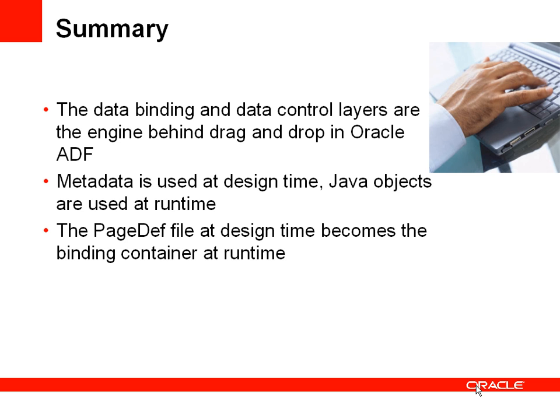It might require a collection of data like a tree binding or a single attribute value binding. And this is all controlled through metadata or described through metadata. And at runtime, the page def file becomes your binding container. So that's the binding that you see in the expression builder, that you can link UI components to values from that binding context.